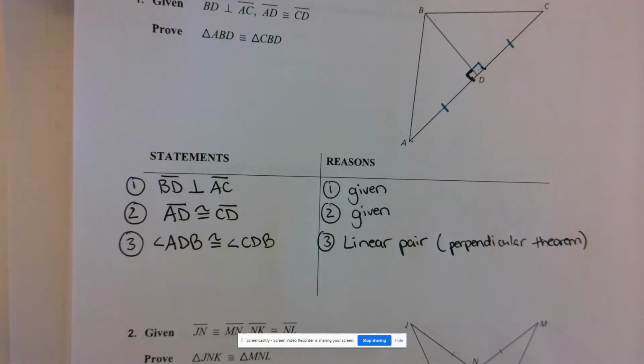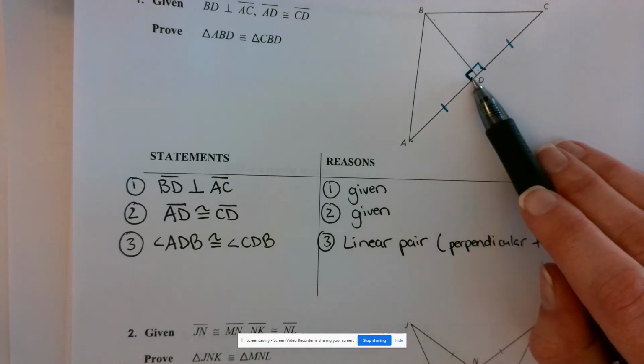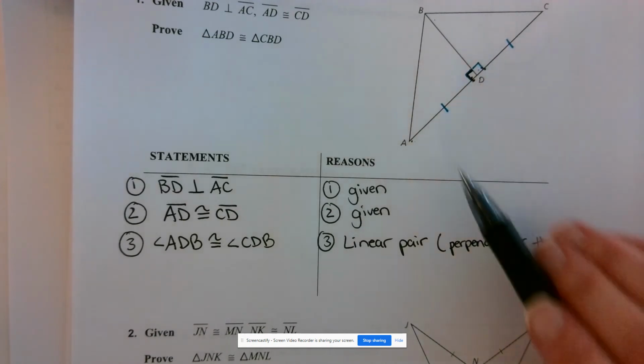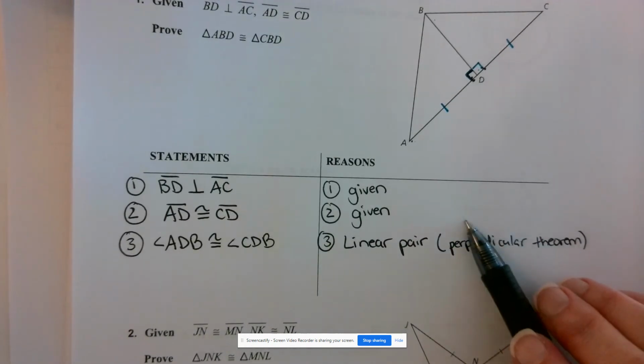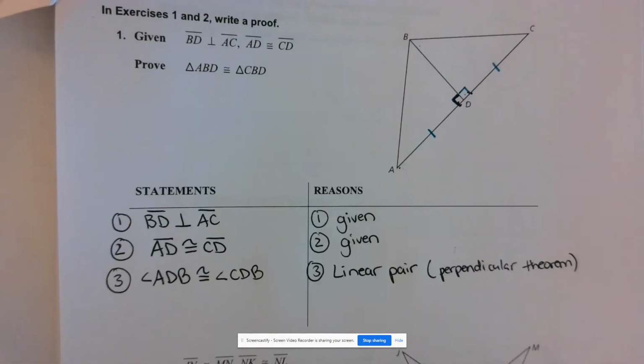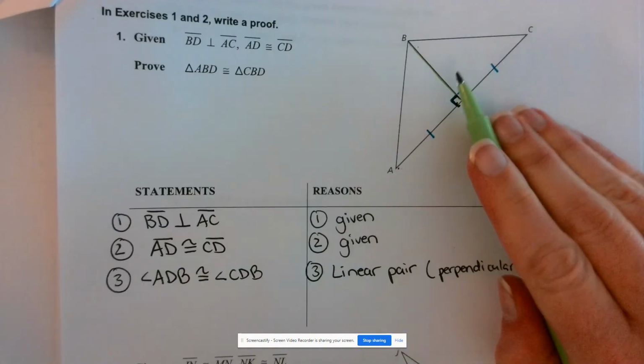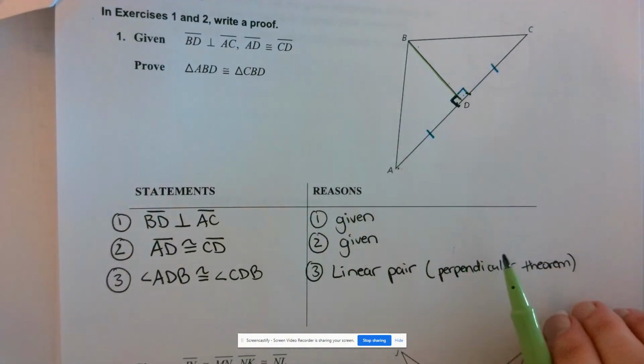All right, so we've got an angle that's congruent. So right now we have a side and an angle that are congruent in both triangles. We still need one more. So I'm looking at my picture, I'm asking myself, do I see any other sides or angles that I know are congruent? And one thing hopefully that stands out to you is that line segment BD is shared in both of these two triangles.